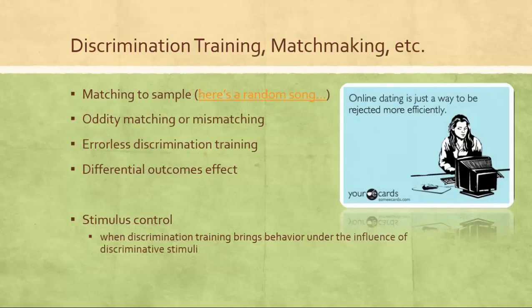Differential outcome effects involve variation of the consequences. Using this method, you might signal the correct stimulus or the wrong stimulus by having, for instance, a rat press the left lever when a tone sounds or the right lever if the light comes on, avoiding the other lever in both situations.